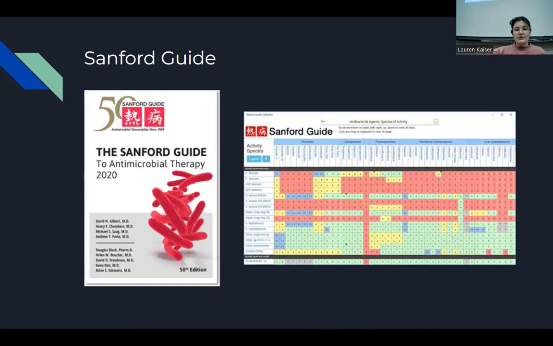You'll see a red, a yellow, or a green, or something in between sometimes, or a plus. We want to focus on the green ones. When you see a green plus at the cross-section of a bacteria and an antimicrobial, that antimicrobial is going to be effective against that bacteria, in other words, that bacteria is susceptible to that antimicrobial.